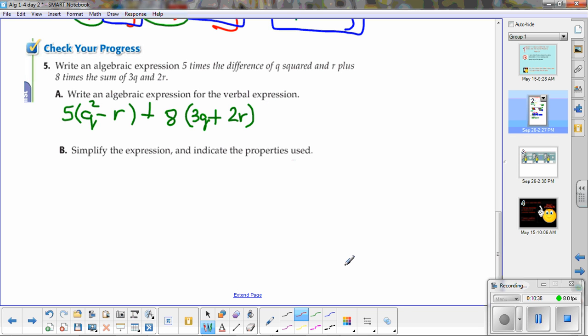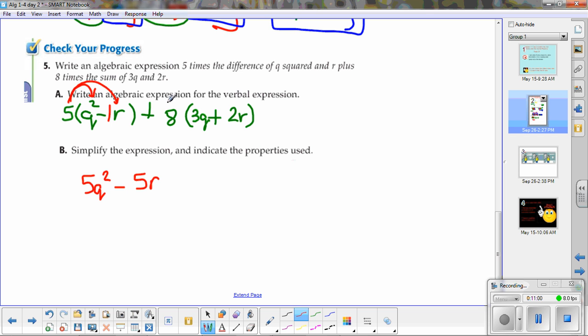Now to simplify the expression, we're going to go ahead and do distributive property first. 5 times q squared is 5q squared. 5 times a negative r, or 5 times a negative 1r, is a negative 5r, because 5 times a negative 1 is negative 5.